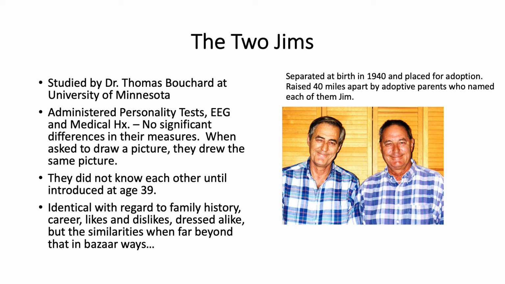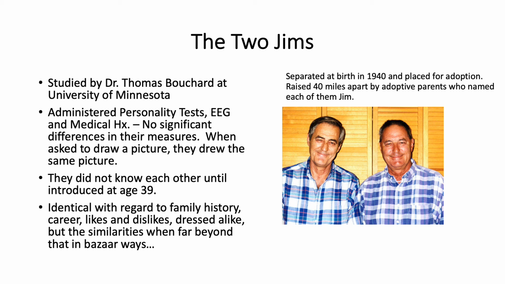So let's look at twin studies, which we've talked about. We're comparing the role of biology versus socialization, and that's the question here. So let's examine one remarkable finding in a study of twins separated at birth. This was the case of the two Jims.